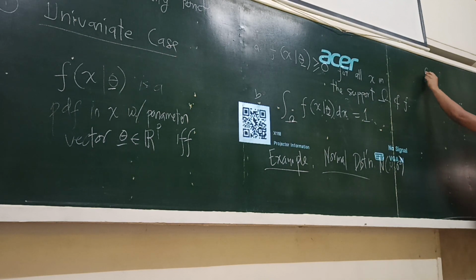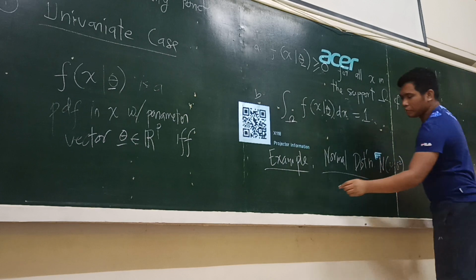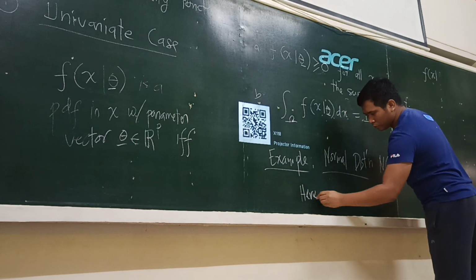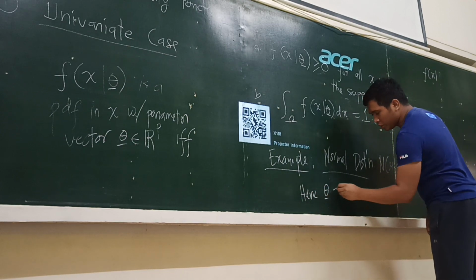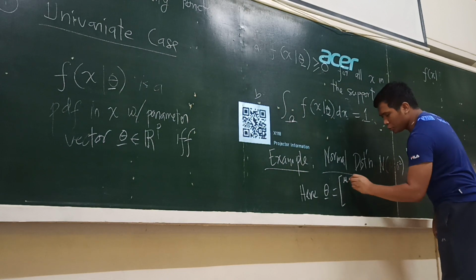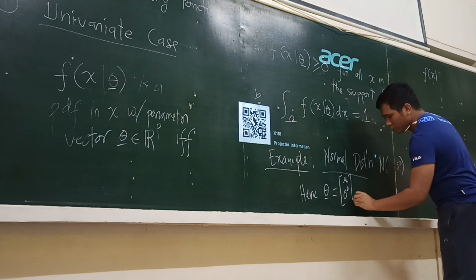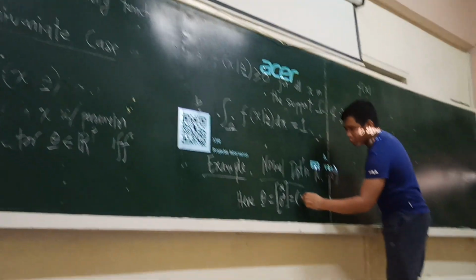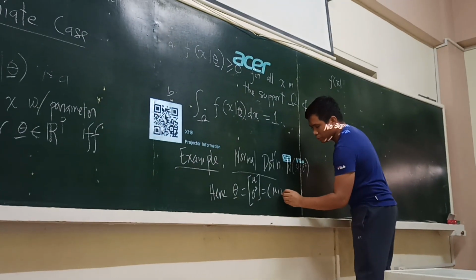When it comes to this, we will memorize it. So here, theta vector is the column vector mu, sigma squared, or in a simpler way of writing, mu, sigma squared.